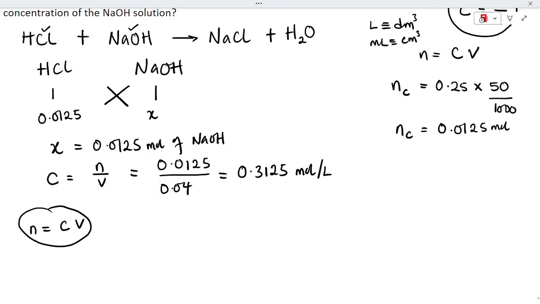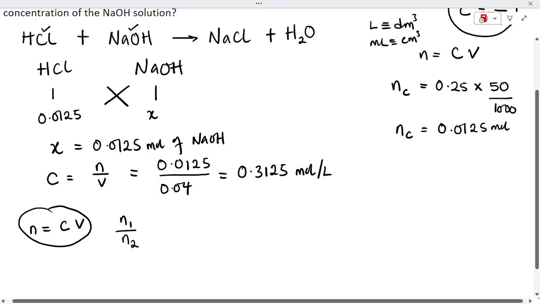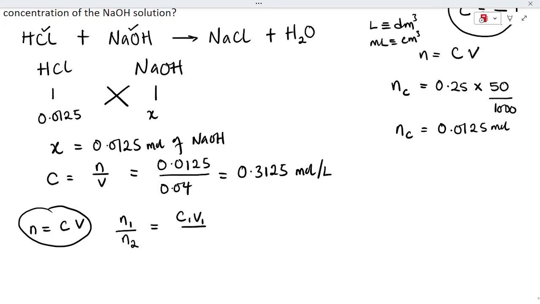That means you can say the ratio of the number of moles of the first and the second equals the product of concentration and volume of the first and the second. Again, they are ratios.